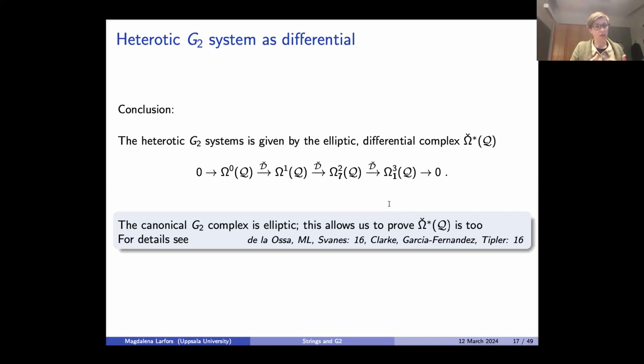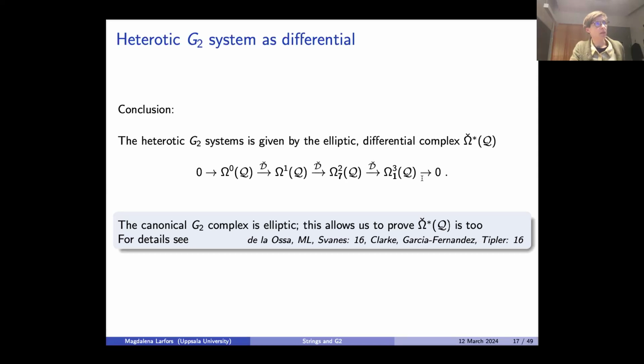So we construct everything very much based on this canonical G2 complex, just allowing the forms that this operator is acting on to take values in different bundles, really. And one can trace everything back and show that since the canonical G2 complex is elliptic, then so is the operator that is defining this complex here.